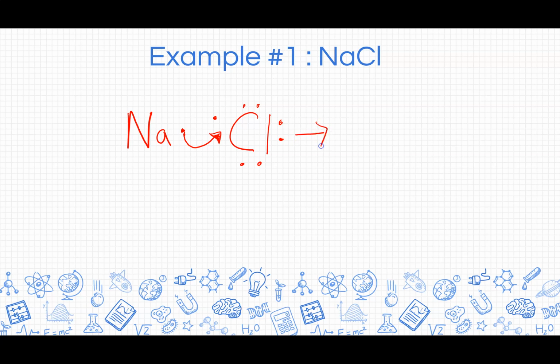That electron moves over, and therefore we get NaCl. Na forms that positive 1 ion, and Cl forms that negative 1 ion. Overall, sodium chloride is neutral, but it's composed of the positive and negative ions.